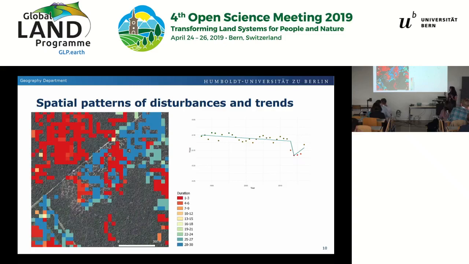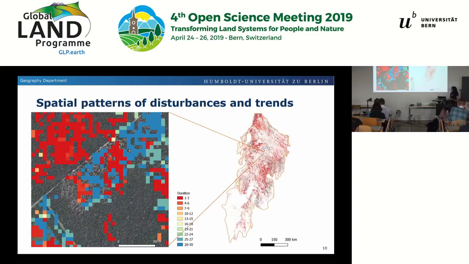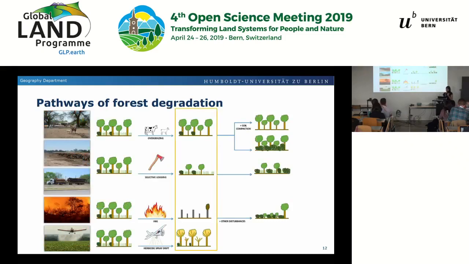So how long those disturbances or the trends lasted. Of course, this is an example for a small plot, but we can extend it to the full area. So with this, we can answer the question of which were the forest changes in the Chaco.